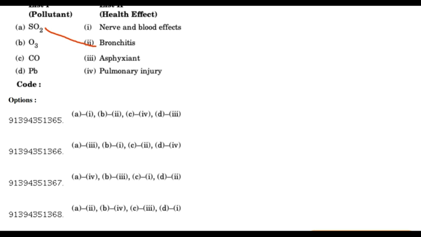B is linked with pulmonary injury. Carbon monoxide is linked with asphyxiant, and lead is linked with nerve and blood effects.